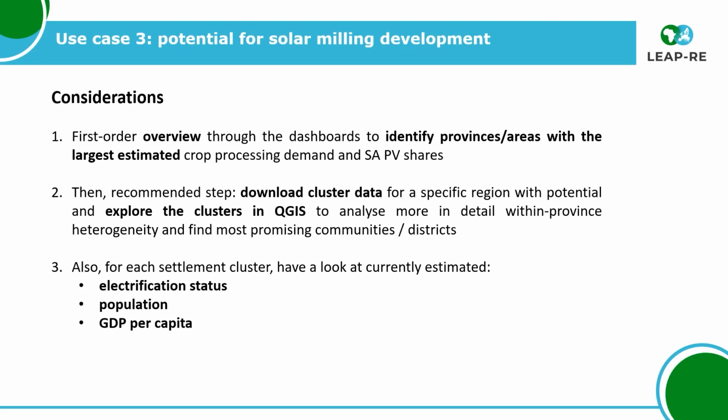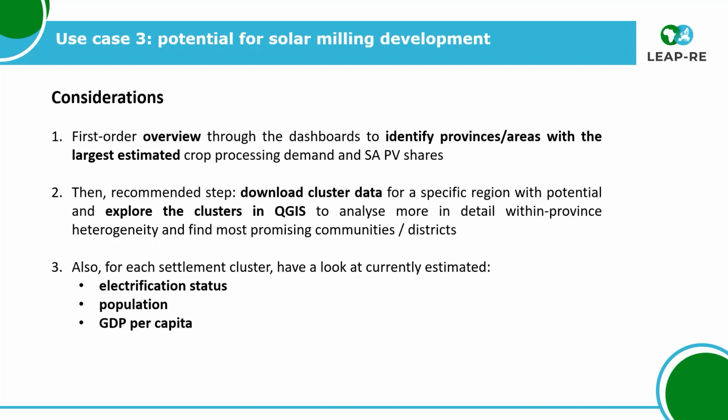So again, this third use case showed how the dashboards can be used to provide a first-order overview to identify areas with the largest estimated demand for crop processing and standalone PV shares. And similarly to the previous example, it's, of course, just an exploratory analysis.